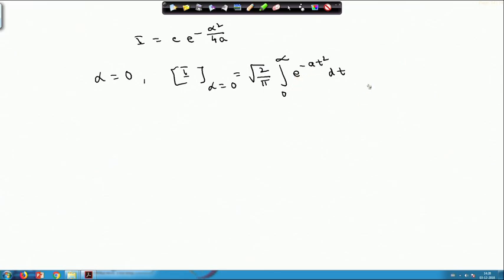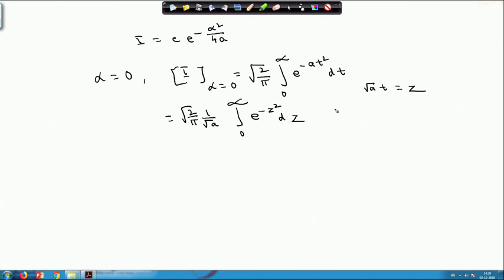Now, put root over a into t equals z. Substitute root over a into t equals z, so that you will obtain root over 2 by pi, 1 by root a will come here, and whenever you are differentiating, the limiting value will remain same, 0 to infinity e power minus z square into dz.